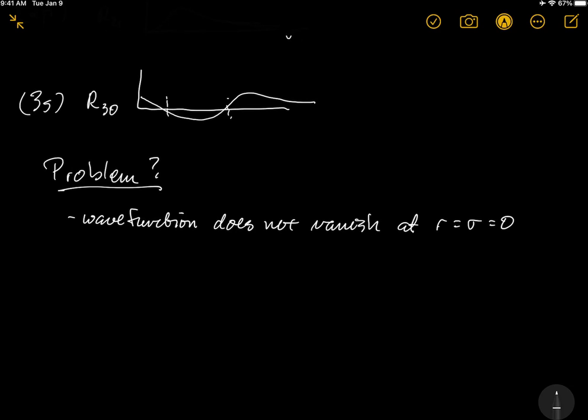So it turns out that these are stable wave function orbits. There is no collapse, and the issue is something called the Jacobian, or the differential volume factor.